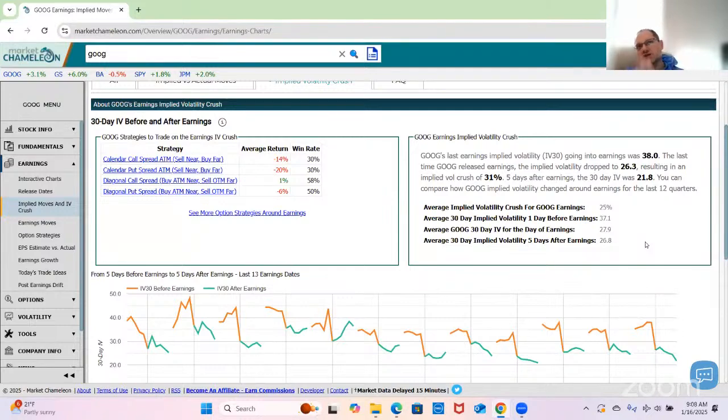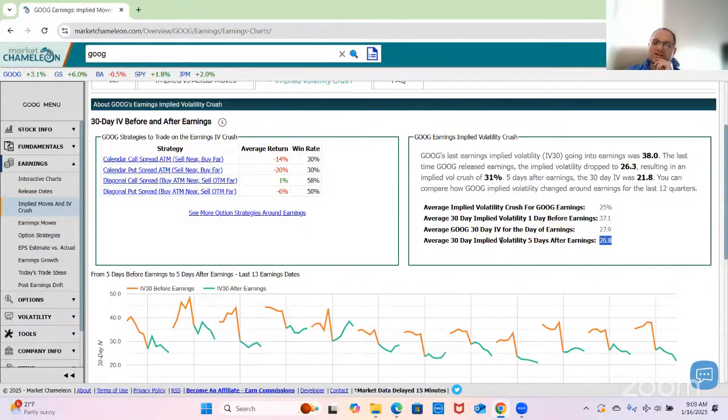The idea there is, when it declines, is it overdone and then it climbs back up, or does it continue to decline or stay right there as the days go on? And here it says 5 days later, on average, it's 26.8. So it looks like it continues to decline as you go out further in time.